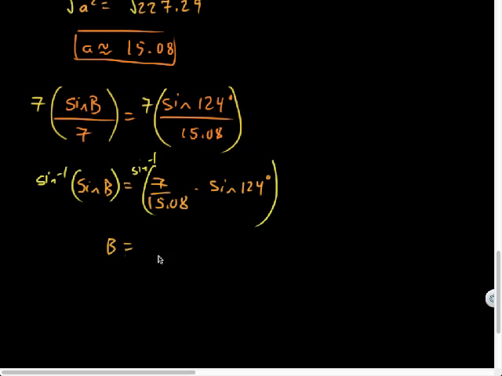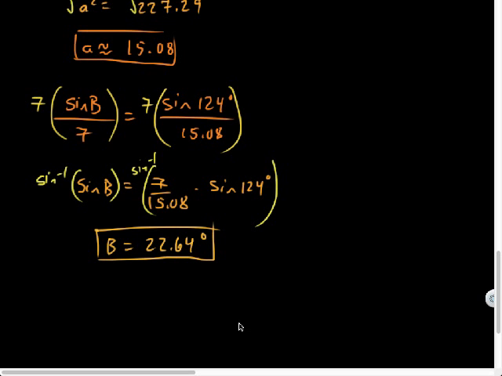An angle. So let's see, this is going to be second sine inverse of 7 divided by, second answer, I happen to have 15.08 in my calculator with all of its other decimals, times the sine of 124, double close parentheses, and I get 22.64 degrees.